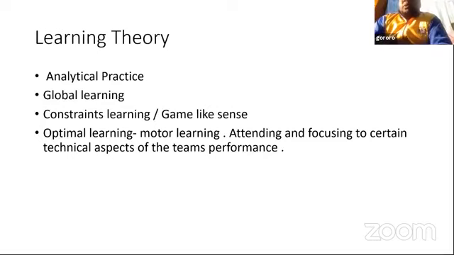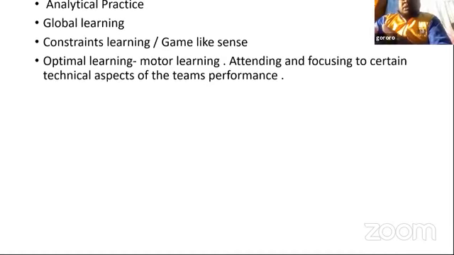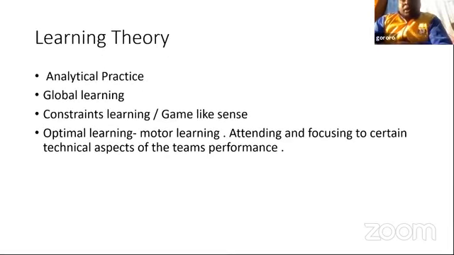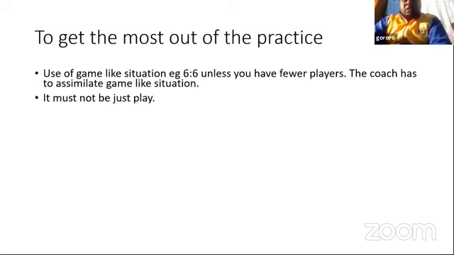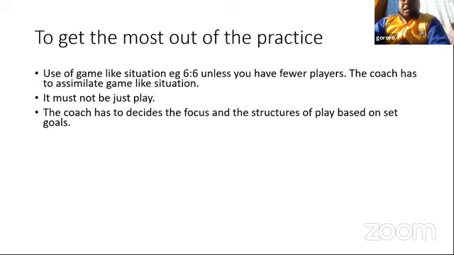And then on this optimum learning motor training, we'll also be attending to and focusing on certain technical aspects of the team's performance. And then we can move to the next slide. And all these things the coach can decide depending on the phase that they are in.